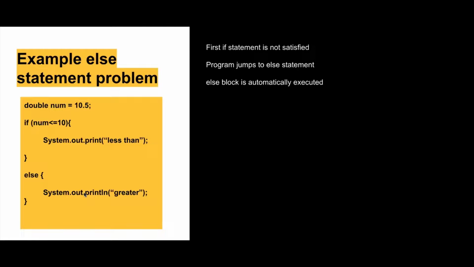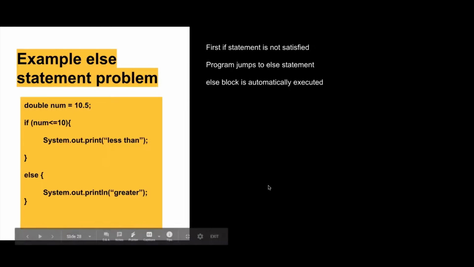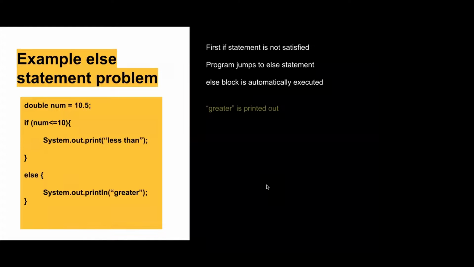We will not check the condition again. We just check the condition once. So if num is less than or equal to 10, in this case it's false, so we just print out greater. That's how an if-else statement works.